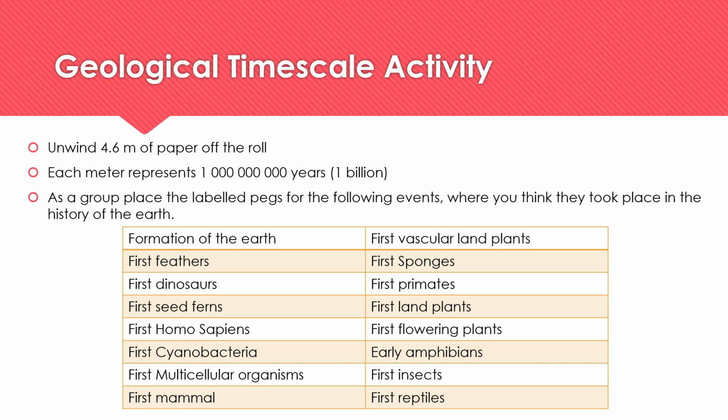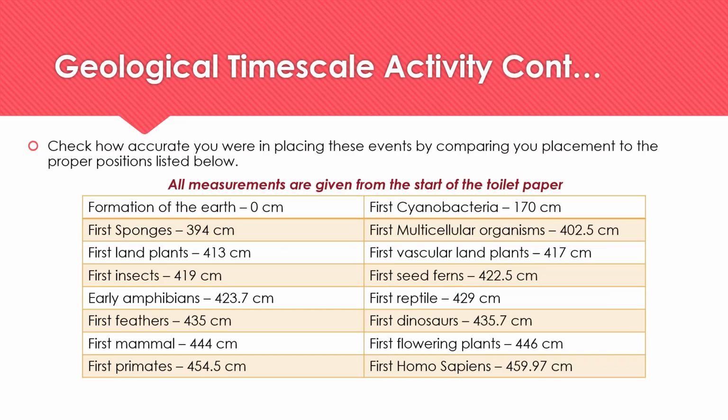So if you're in class, you'll have a chance to do this timescale activity where you're going to basically make your own timescale using some toilet paper to help give you your line that you'll place the different events along.